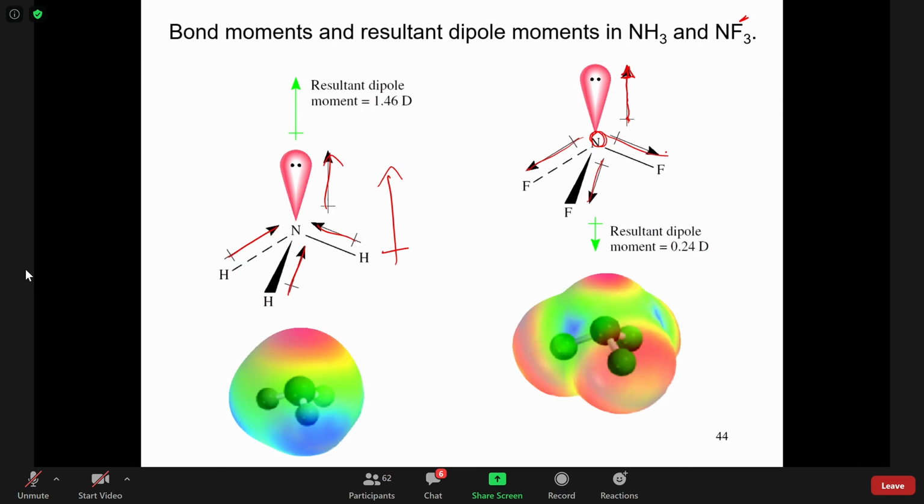So is this molecule going to have a dipole moment? Well, it turns out it does, because if we were to sum the vectors, we're going to get a dipole moment that we could calculate and devise. But notice how much smaller that is than nitrogen because of these opposing forces that we have within the molecule.